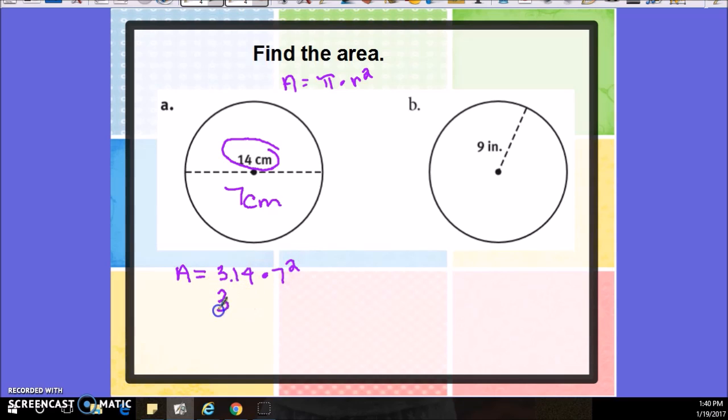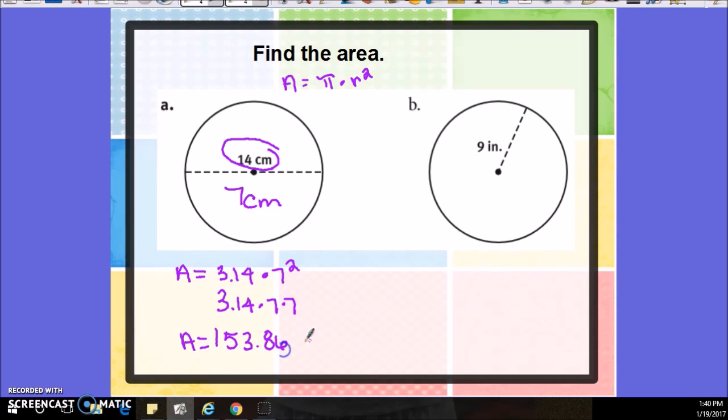That is the same as 3.14 times 7 times 7, because squaring it is just multiplying it times itself. When we enter this in our calculator, we get 153.86.